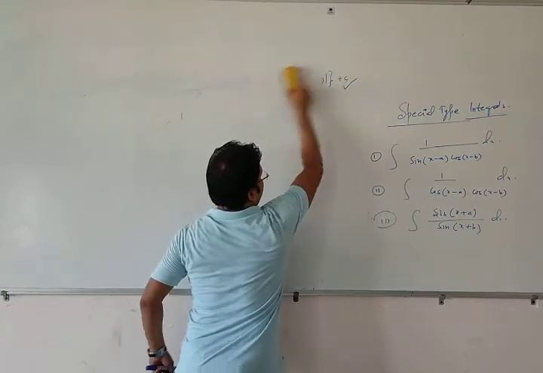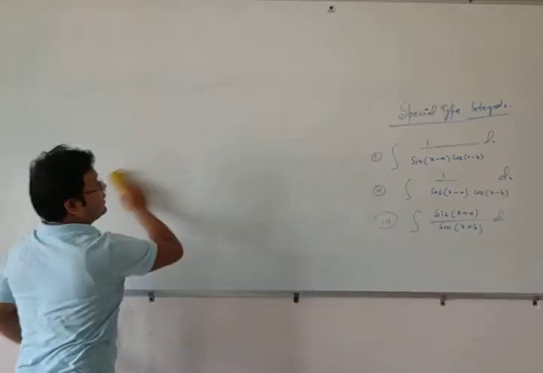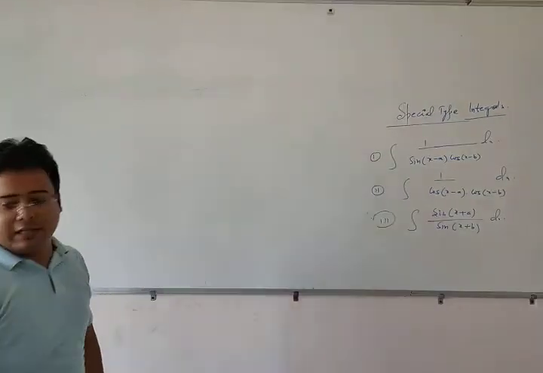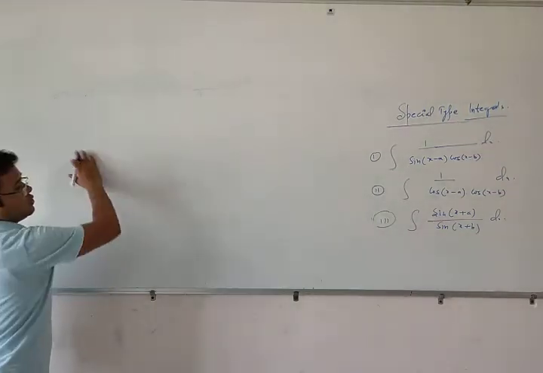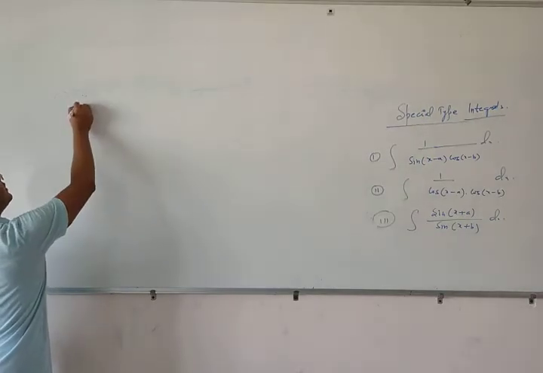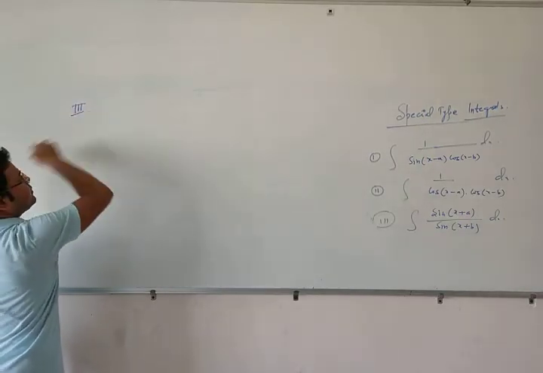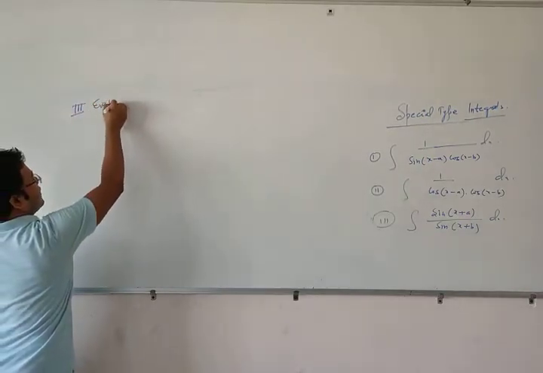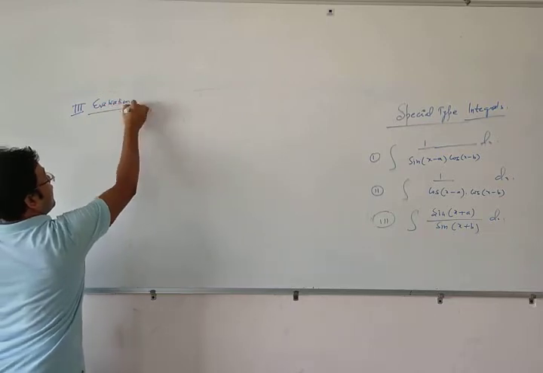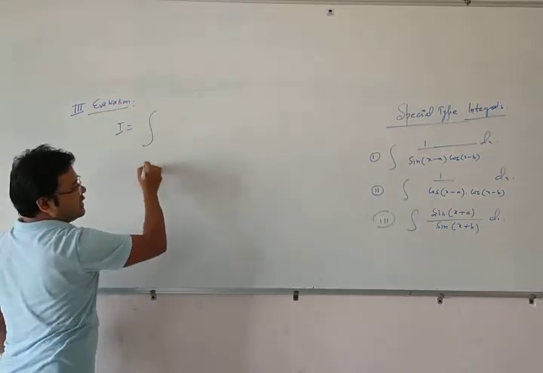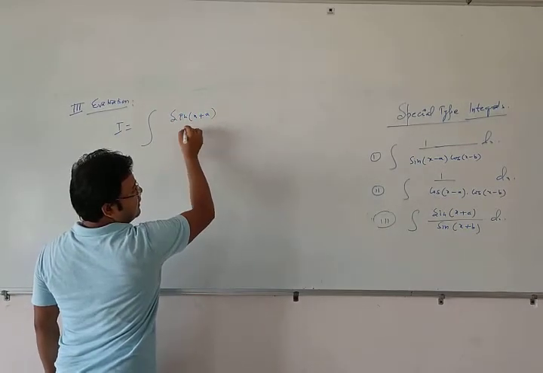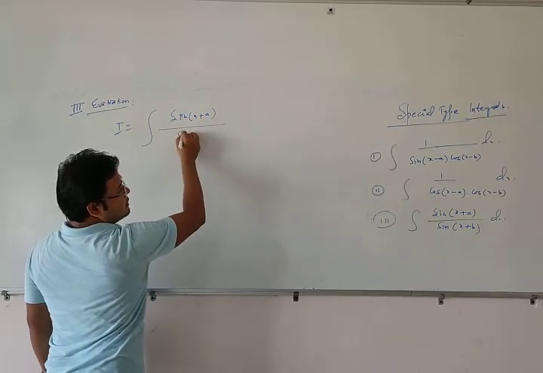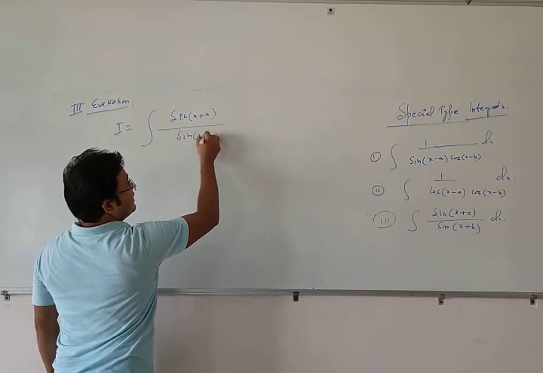Now we are going to evaluate the third integral, which comes under a special type. So you can see the third one: evaluate I equal to integration of sin(x plus a) upon sin(x plus b).